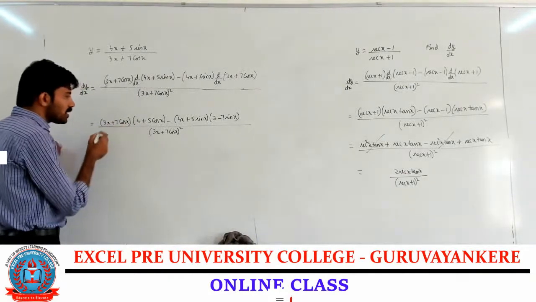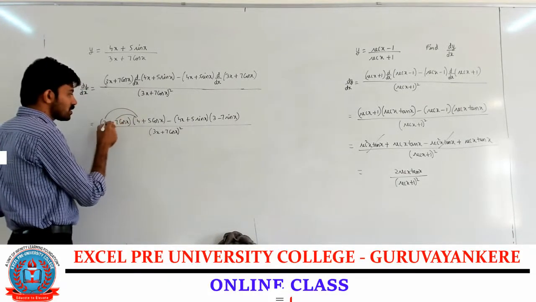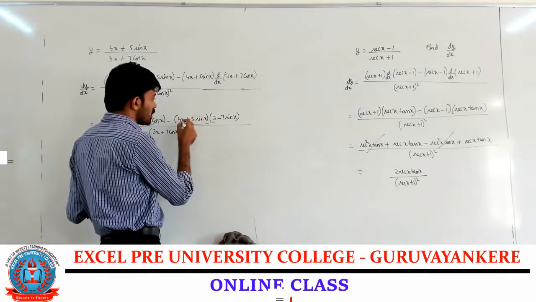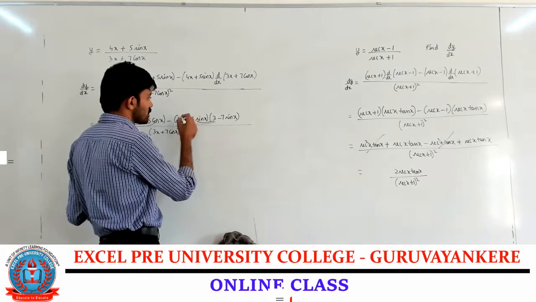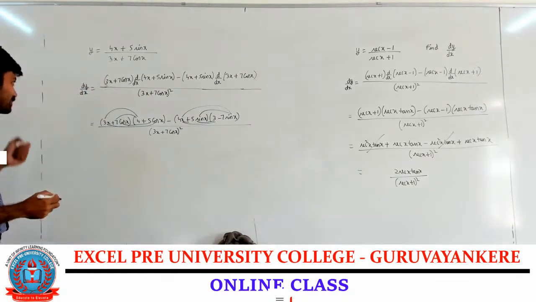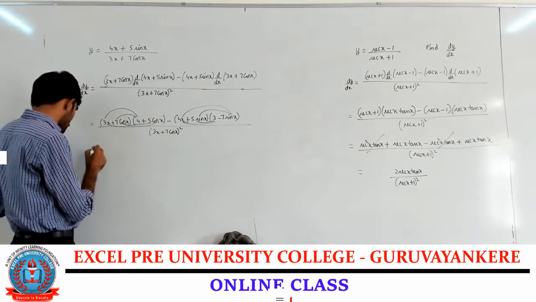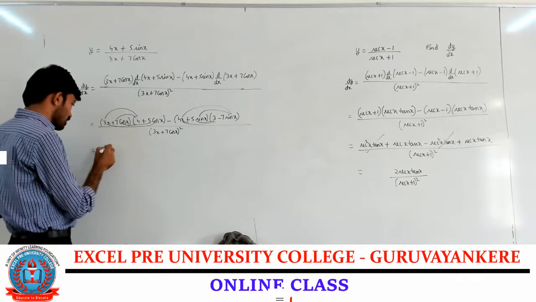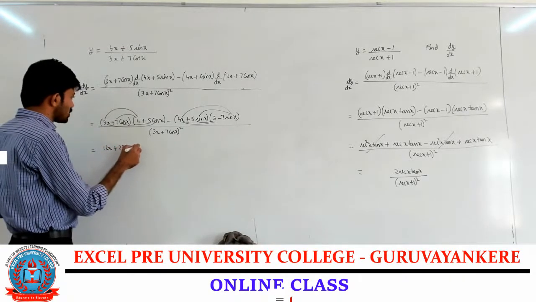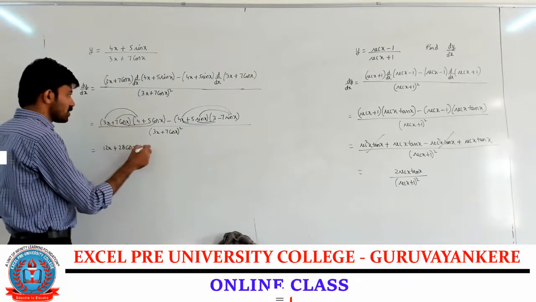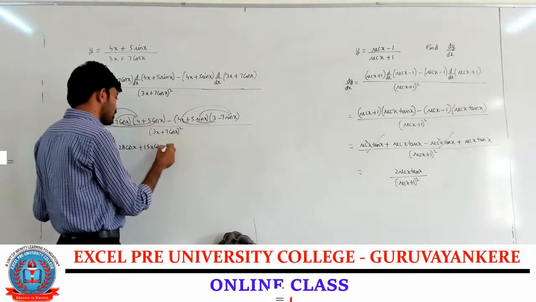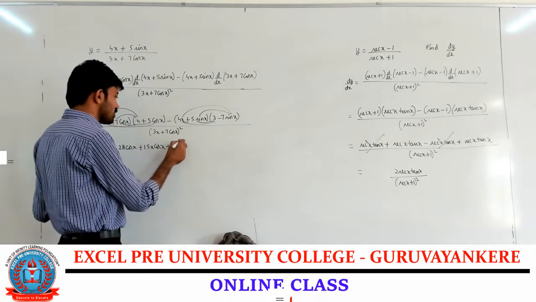Three into 4 is 12. Term by term multiply. Multiply this, multiply this, multiply this. Here also multiply. Three x into 4 is 12x. 7 into 4 is 28 cos x. 3 into 5 is 15x cos x. 7 into 5 is 35 cos x into cos x is cos square x.